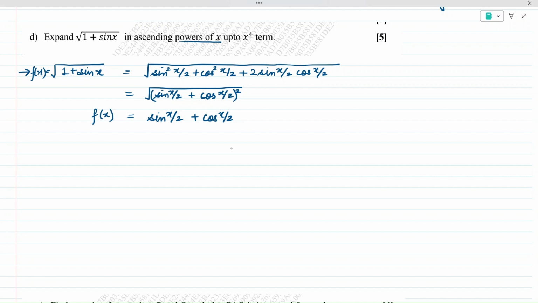Okay. Now for taking it up to the power of x raised to 4, I have to take 4 derivatives. F dash, f double dash, triple dash, and up to the 4th derivative. Okay. So let's start with f dash.